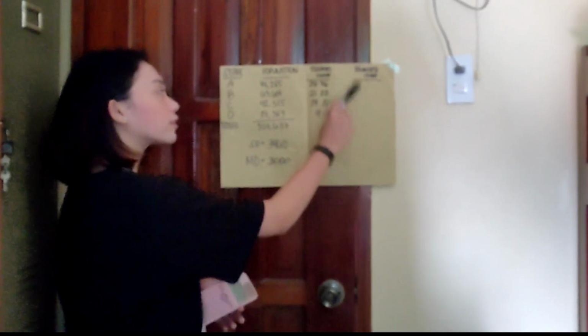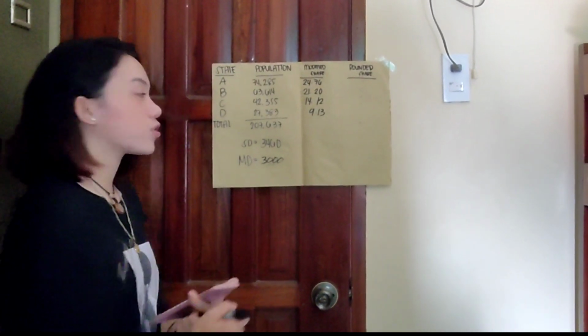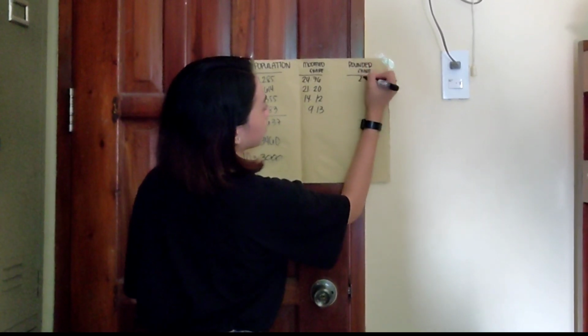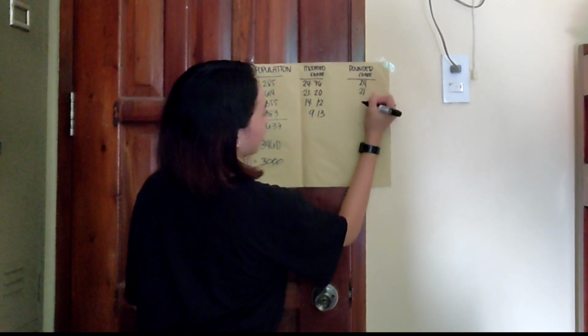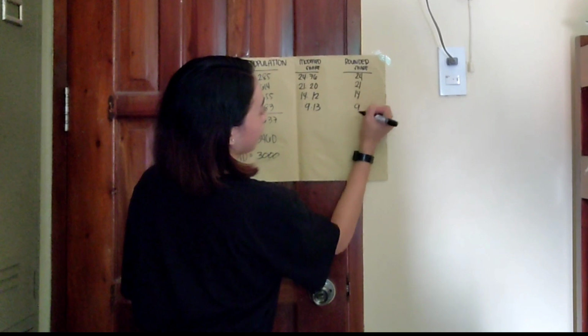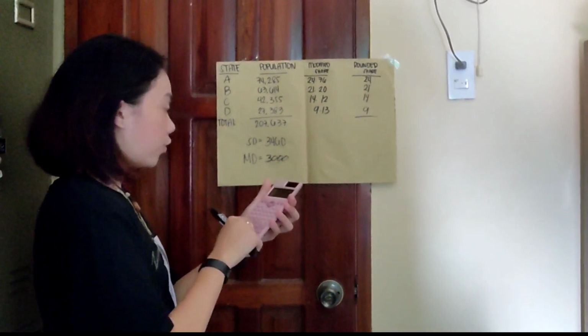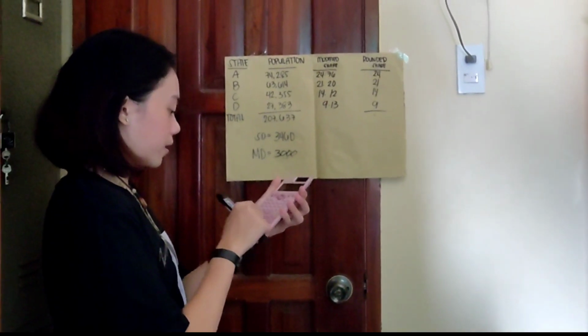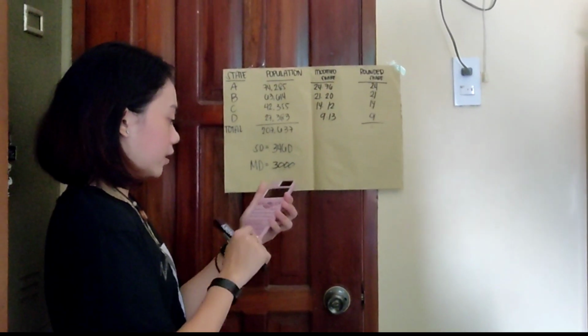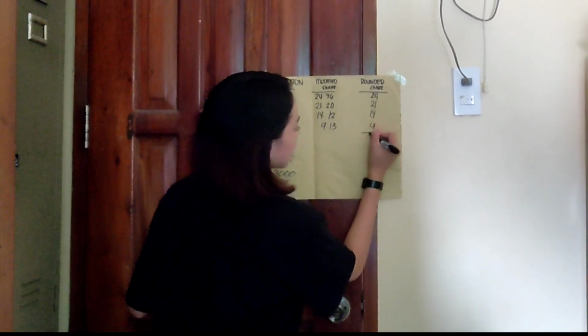To get our rounded share, you copy 24, 21, 14, and 9. So let's total: 24 plus 21 plus 14 plus 9 is equal to 68.